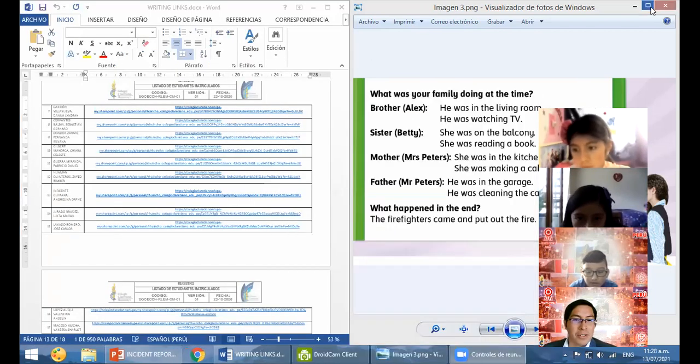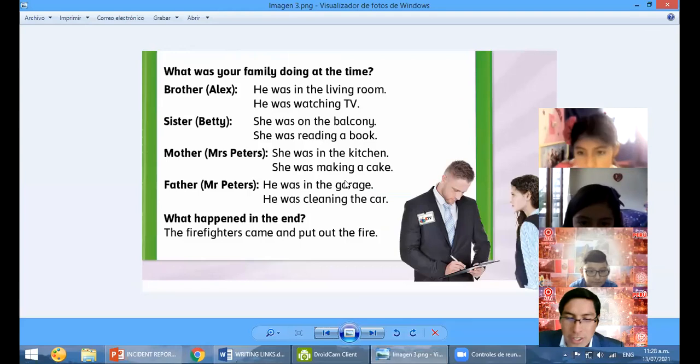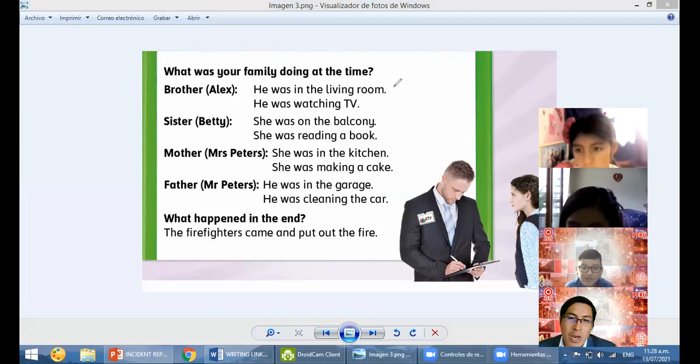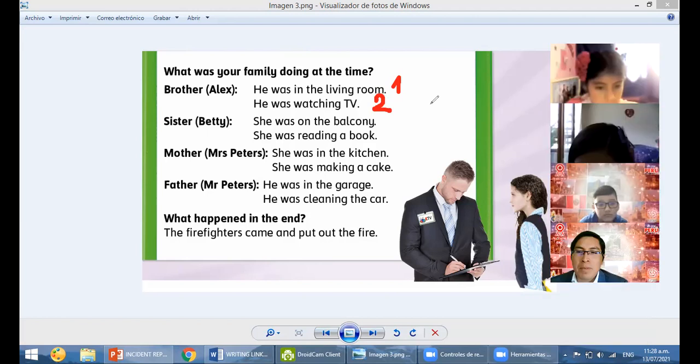Boys, girls, look at here. Pay attention. Look at Zoom. When you talk about your family, 2 ideas, not only 1, 2. 2 sentences. Tell me, where was your brother and what was he doing? Are 2 sentences. Where was your sister? She was in the balcony.